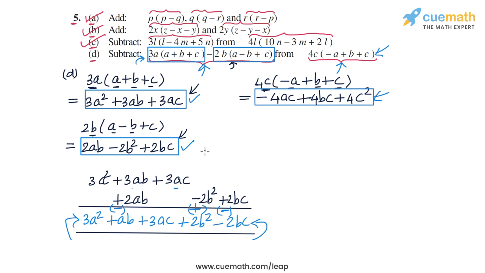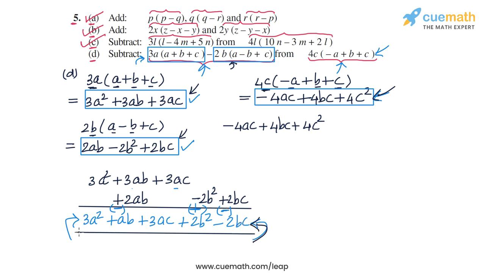So now we will carry out that subtraction. So first we write this expression, minus 4ac plus 4bc plus 4c square, and now below this we will write this expression that we have to subtract, such that the like terms fall below each other.